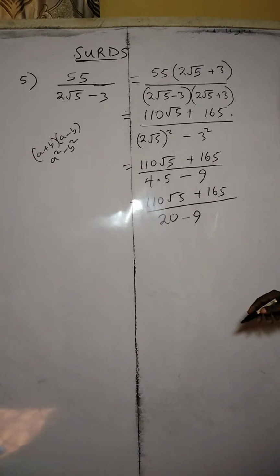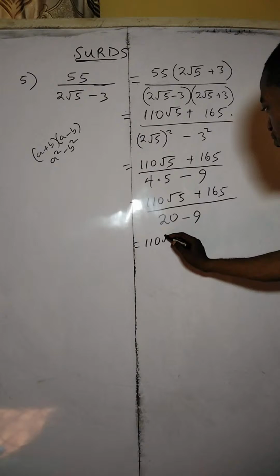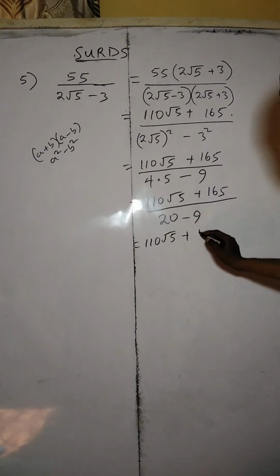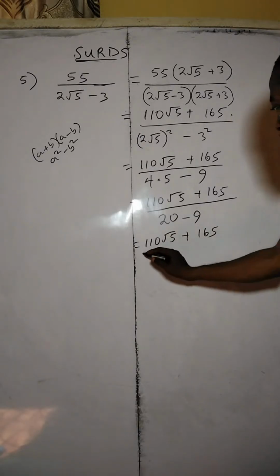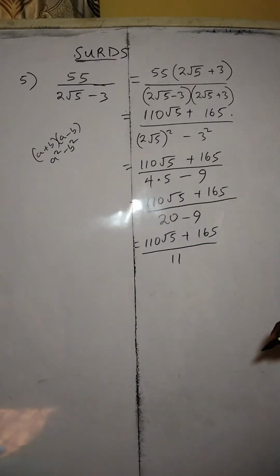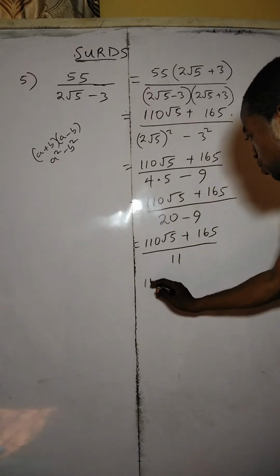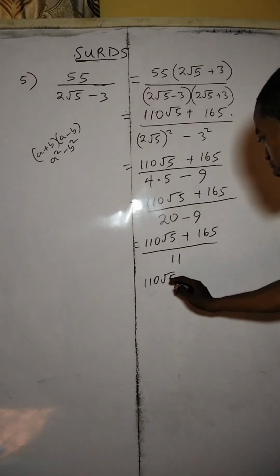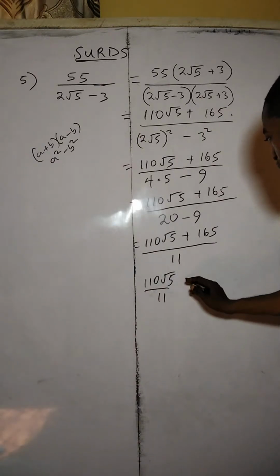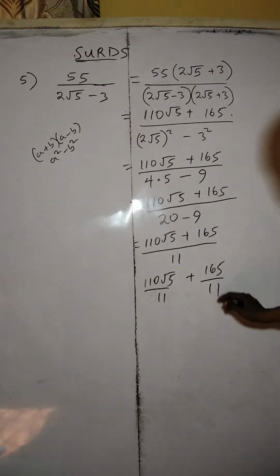That is, from here now we have 110 root 5 plus 165 over 20 minus 9, we have 11. Now we can separate this into two fractions. Now we have 110 root 5 over 11, then plus 165 over 11.